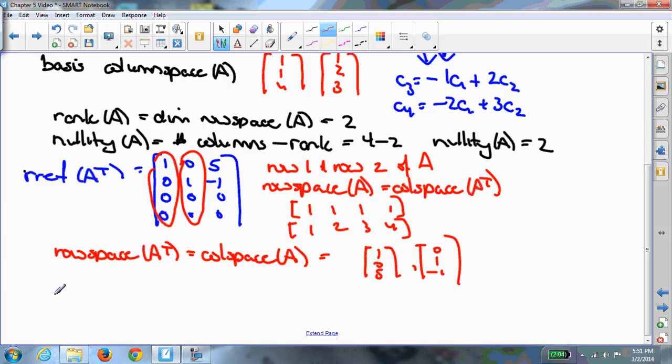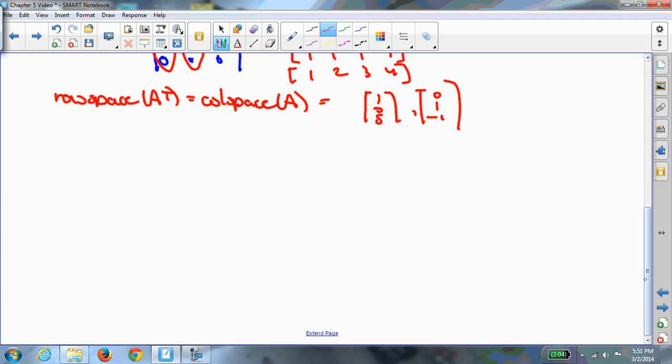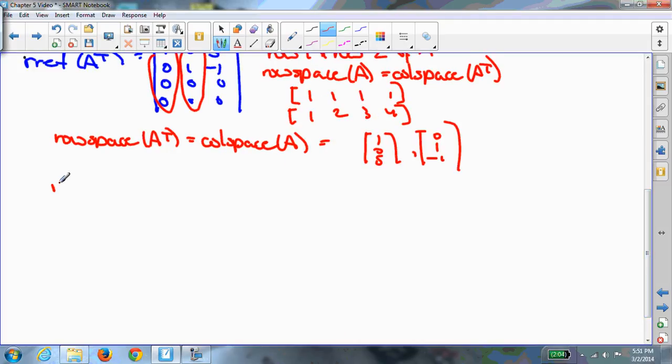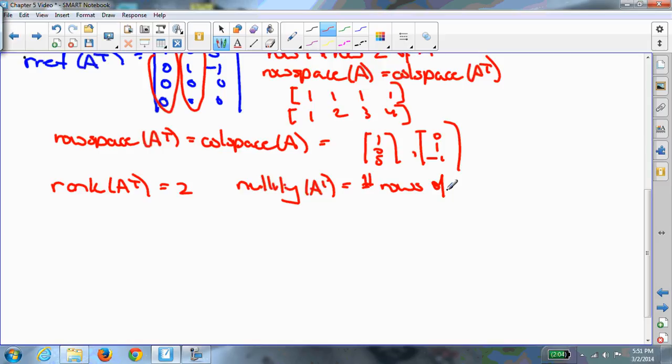Now, just to kind of review the other things, the rank of A transpose, which is the dimension of the row space, and the dimension of the column space is 2. The nullity of A transpose is the number of rows of A minus the rank of A transpose.